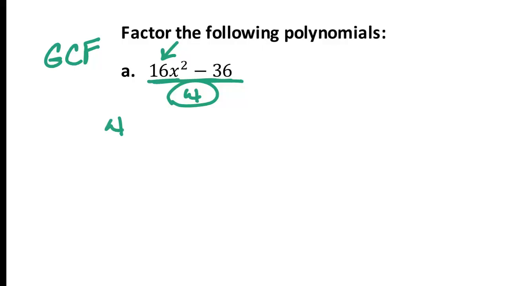You bring that out in front. Now, when you divide, 16 divided by 4 is 4. You have x squared left minus, what's 36 divided by 4? I'll wait. 9. Yes. So you put 9 up there.